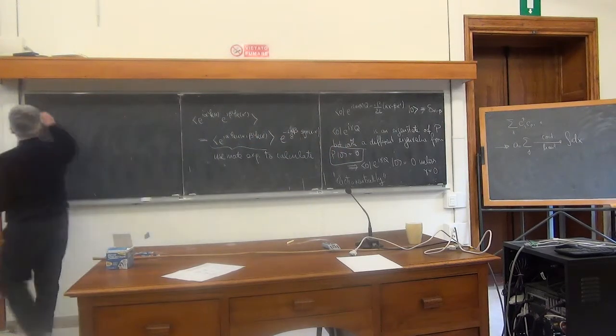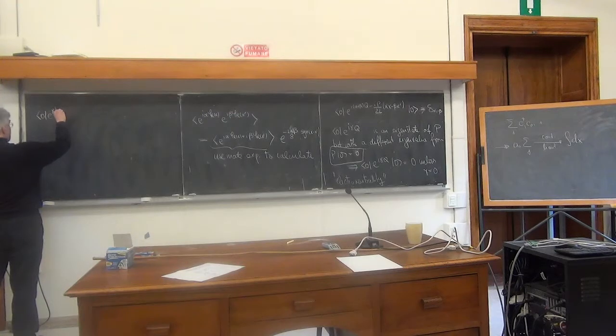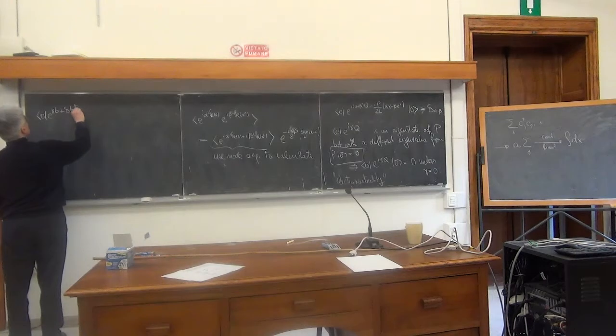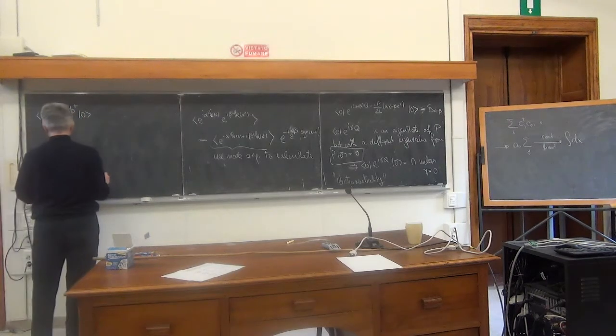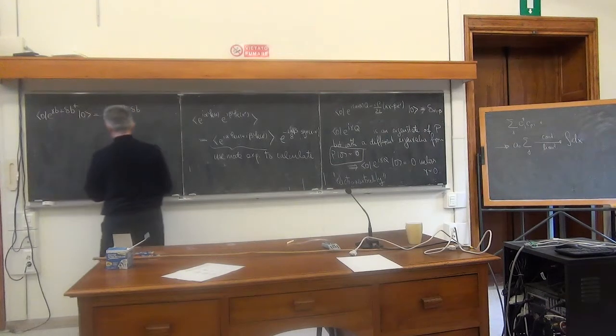And for the finite momentum modes, you just repeatedly use the following identity: e to the gamma b plus delta b dagger is equal, now using this Baker-Campbell-Hausdorff, to e to the gamma b dagger, e to the delta b, e to the minus gamma delta over 2 times the commutator of b dagger and b.